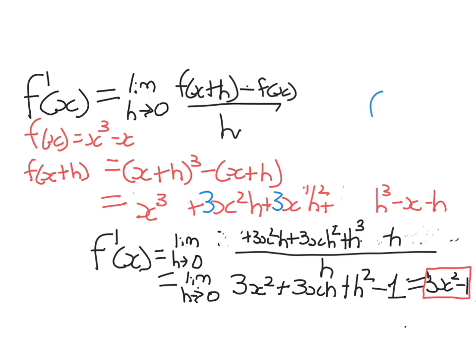For example, f dash of 2, which means the first derivative evaluated at 2, if I substitute 2 into this formula here, I get 3 times 2 squared minus 1, that gives me 11. So when x equals 2, at the point on this curve where x equals 2, the gradient would be 11. This is just a function that tells us how to find the gradient of this function at different x values.